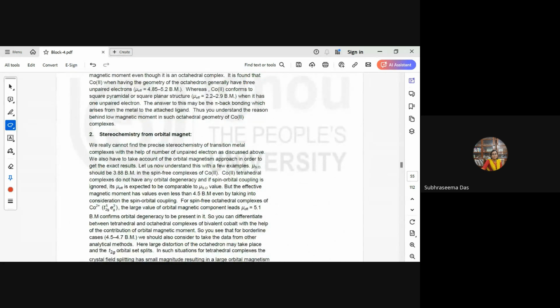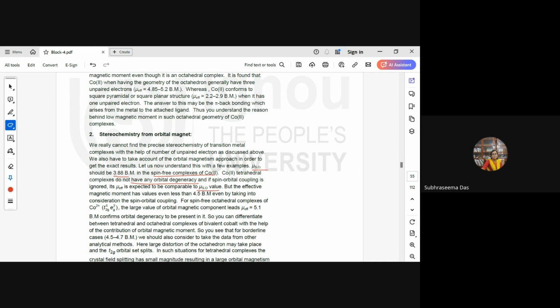Now, coming to determination of the stereochemistry from orbital magnetism. To understand this, let us consider a few examples. The mu spin only should be 3.88 in the spin-free complexes of Co2+. However, the Co2+ tetrahedral complexes do not have any orbital degeneracy, and if the spin-orbit coupling is ignored, the mu effective is expected to be comparable to mu spin only.